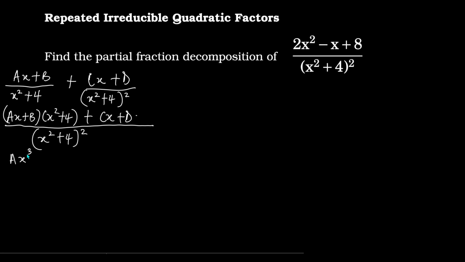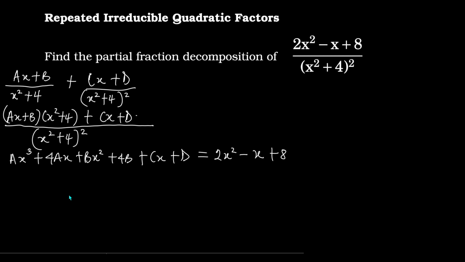You have ax cubed plus 4ax plus bx squared plus 4b. Now plus cx plus d all equal to 2x squared minus x plus 8.